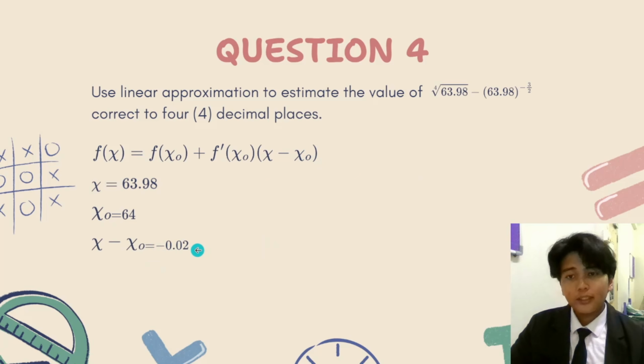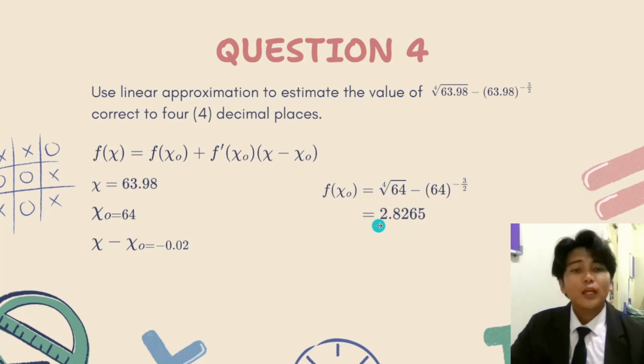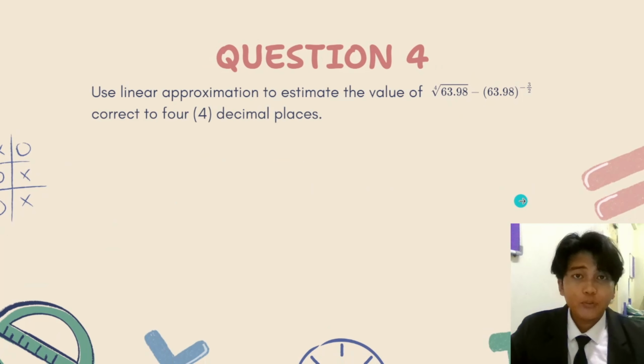And we got negative 0.02. Find this f of a. And we change the number of x to the a. And we got 2.8265. After that, we should find f prime a.